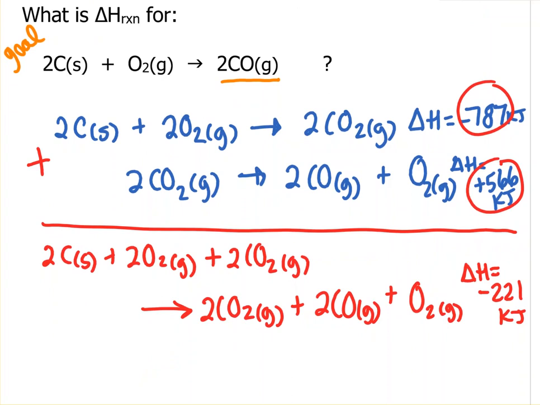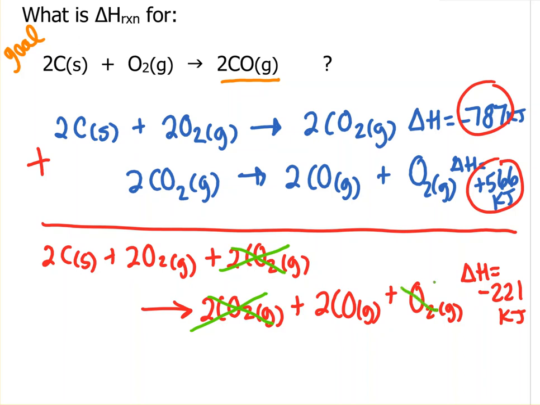So to do that, what we are going to do is cancel things out here. So you look for things that can cancel that are both in the reactants and products. And right now I see carbon dioxide, 2 moles of it, is in both the reactants and products. What else? Oxygen. Oxygen is a little trickier. I have 2 moles in the reactants and only 1 in the product.